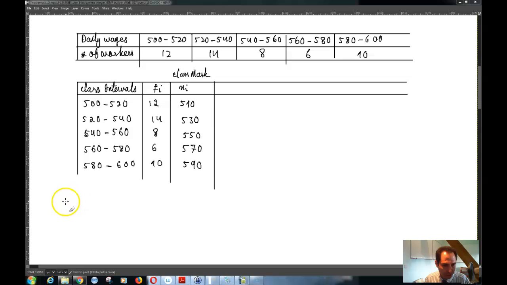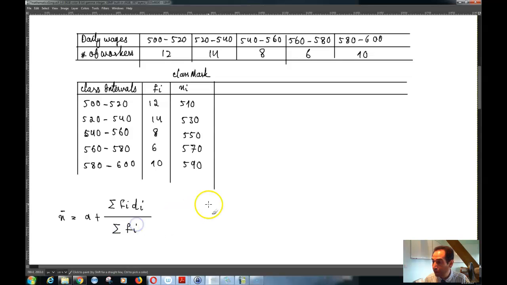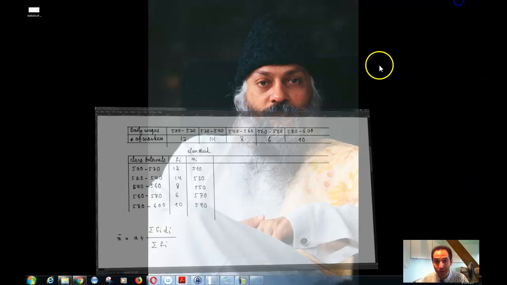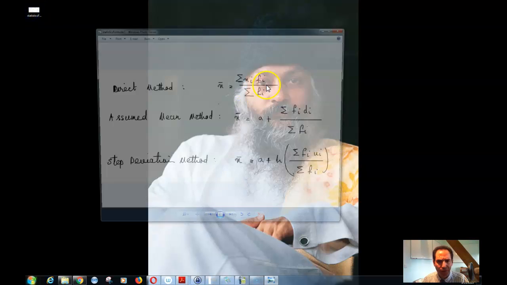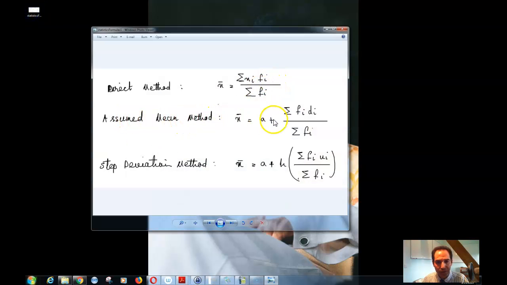In the assumed mean method, we said that x bar is equal to a plus sigma f of i times d of i over sigma f of i.